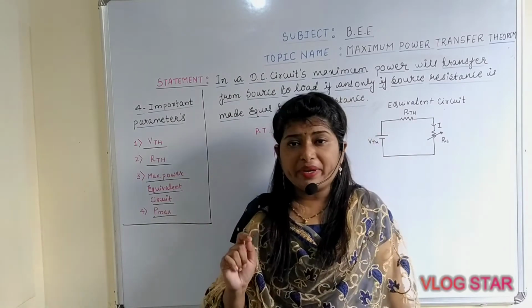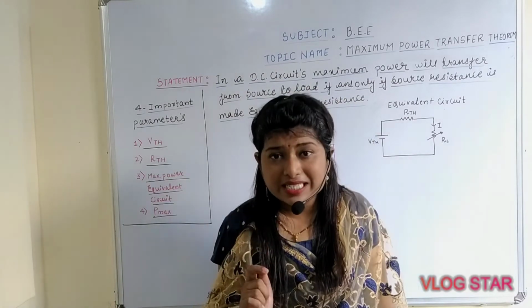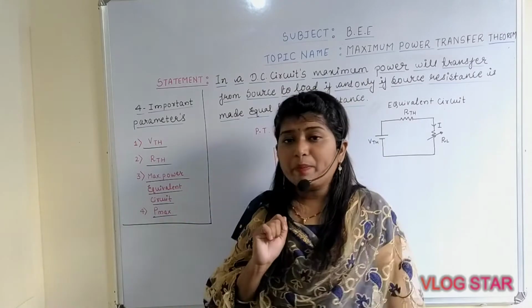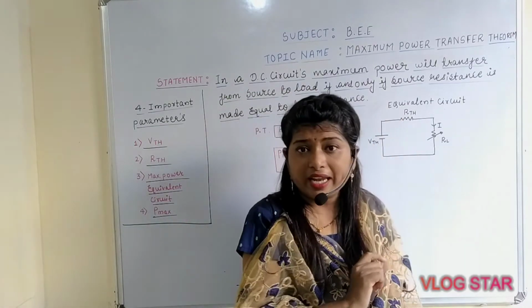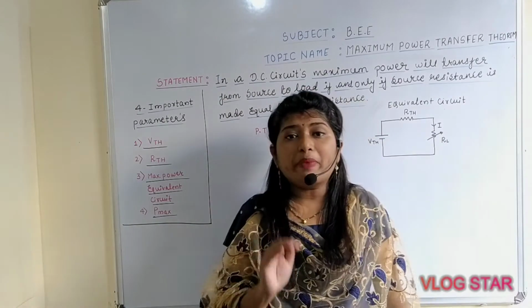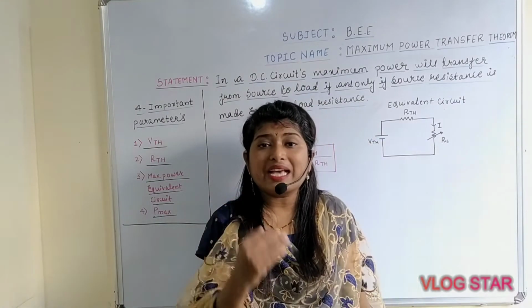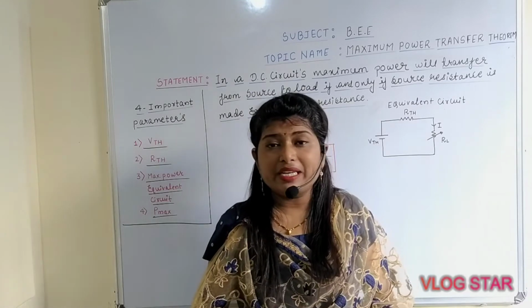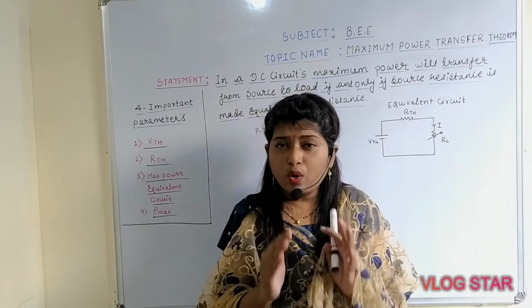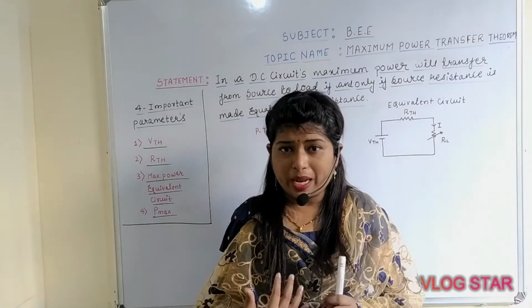The second important parameter is Thevenin's equivalent resistance. The third is to draw the maximum power equivalent circuit. And the fourth, as the name indicates, is the maximum power, which is the final parameter to calculate. I hope you have understood all four parameters.